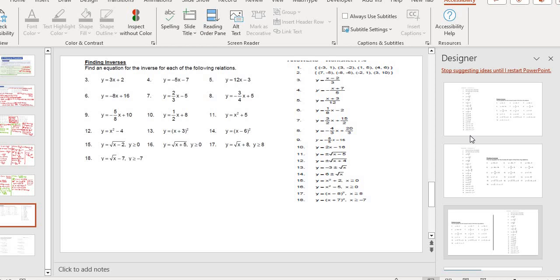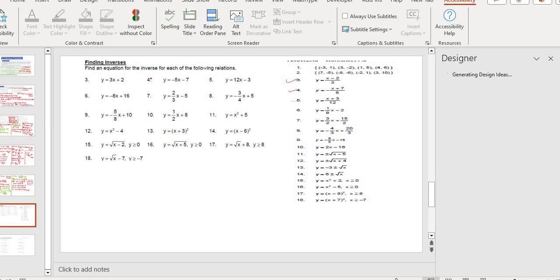You need to write the inverse of the function. Questions up to number 18 are solved. So try by yourself and then you can check your answer this way.